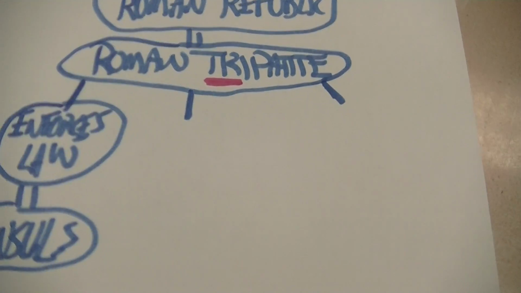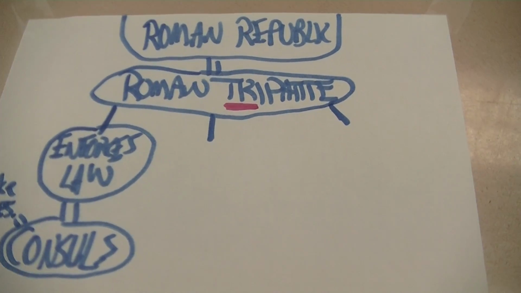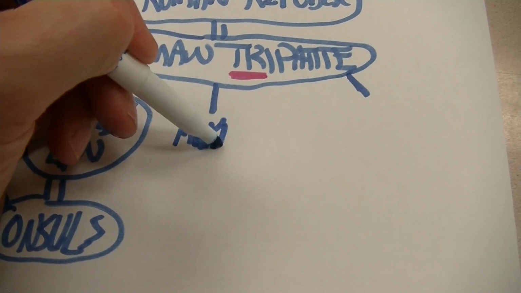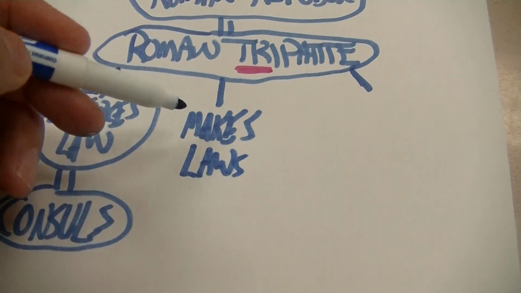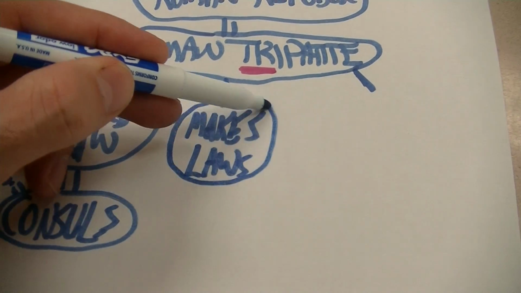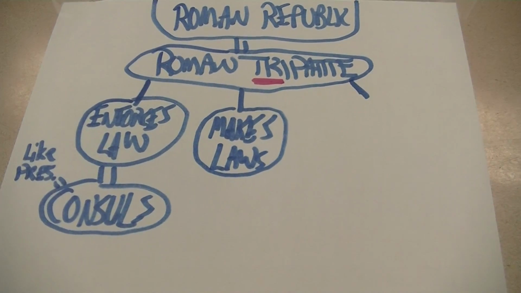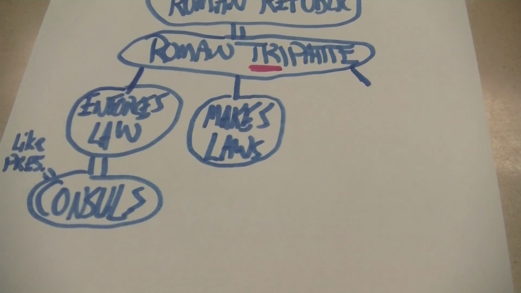Now, the second branch of the Romans tripartite is the group that makes the laws. Now, in the United States, you have the Congress that does this, which is made up of 2 groups, the Senate and the House of Representatives.